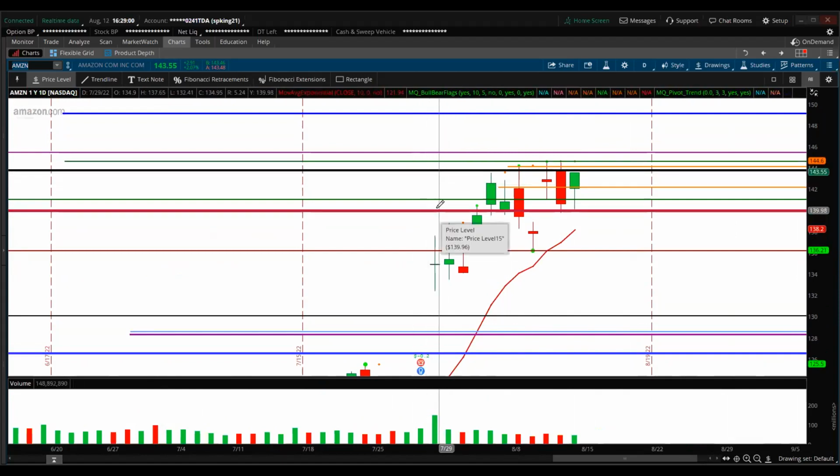This is the monthly 10. So Amazon right now, the price is sandwiched between these. So it's going to have to break one way or the other. We have an inside candle right now compared to yesterday's candle. So some people will just trade based on the inside day candle. If it breaks above that, then they expect the price to go bullish.